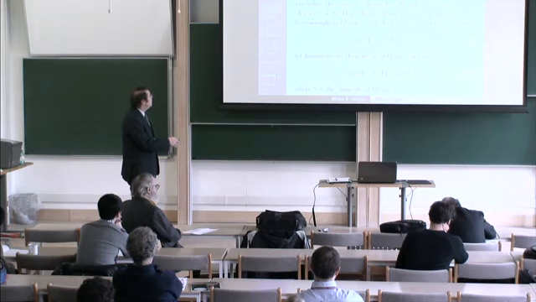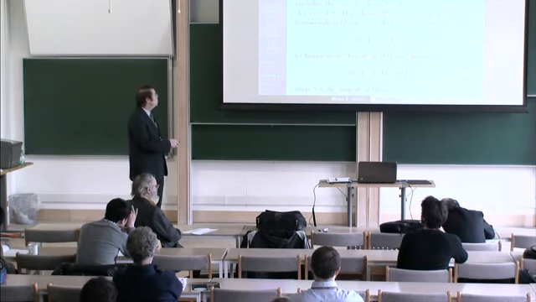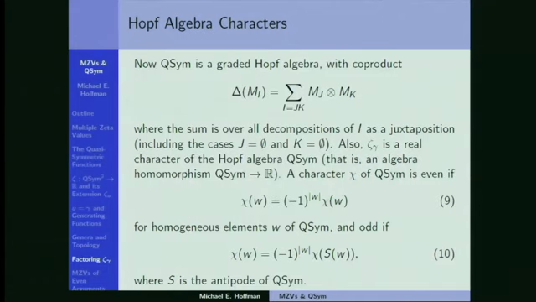Okay, and we call a character odd if it sends every homogeneous element W to (-1) to the weight times chi of the antipode applied to W. Again, if you know about Hopf algebras, you know that they have this gadget called an antipode.